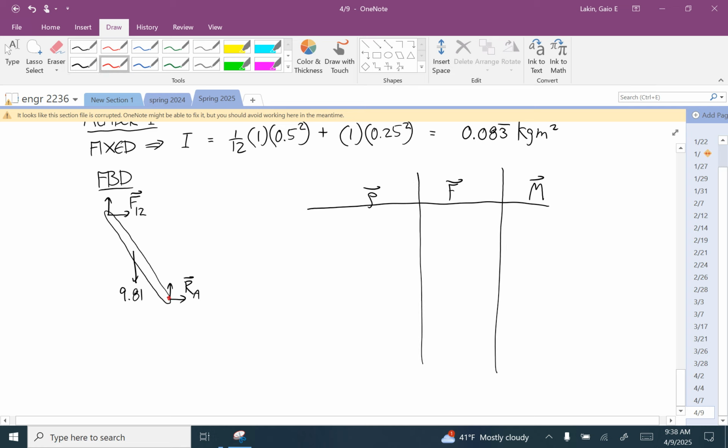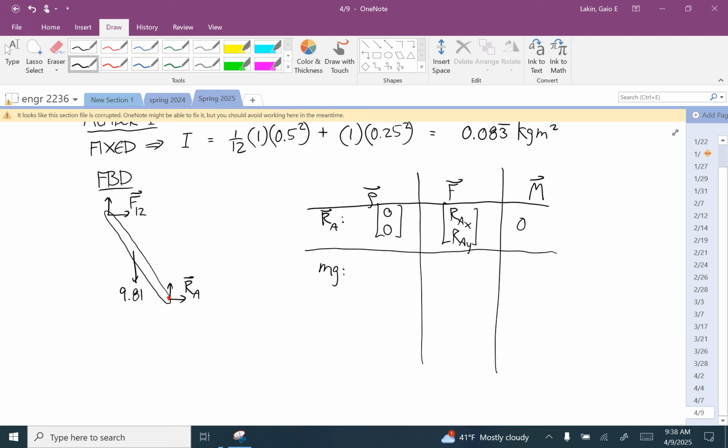Our about point is down here at A. So I'll start with RA. Rho vector is 0. Force is RAX, RAY. Next, I'll do the weight. The rho vector, this is 50 degrees, 0.25.